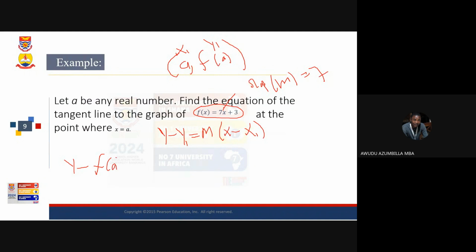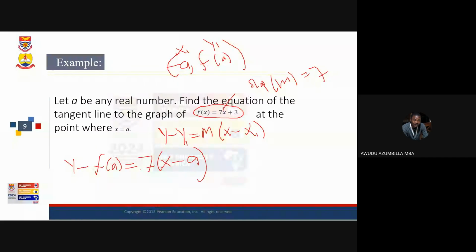I said when you differentiate this function, you are going to get 7. So the slope is 7, so m is equal to 7. Then bracket x minus x1, where x1 is defined as a.